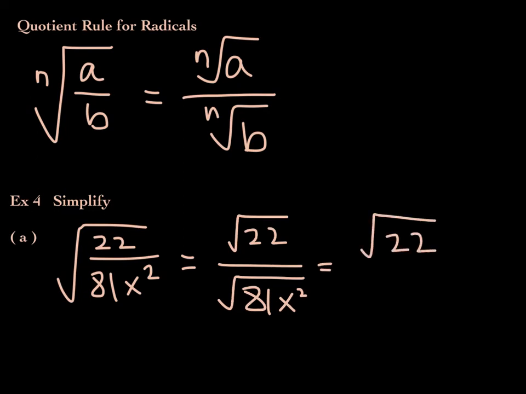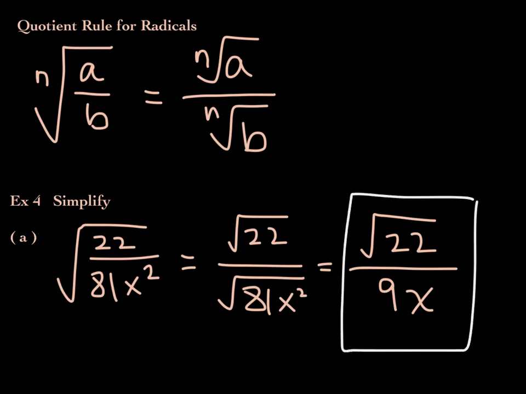That cannot be simplified because 22 does not have a factor that's a perfect square. The denominator, however, the square root of 81x squared is just 9x, assuming that the variable x represents a positive number. So that's our answer. We're able to simplify this expression using the quotient rule.